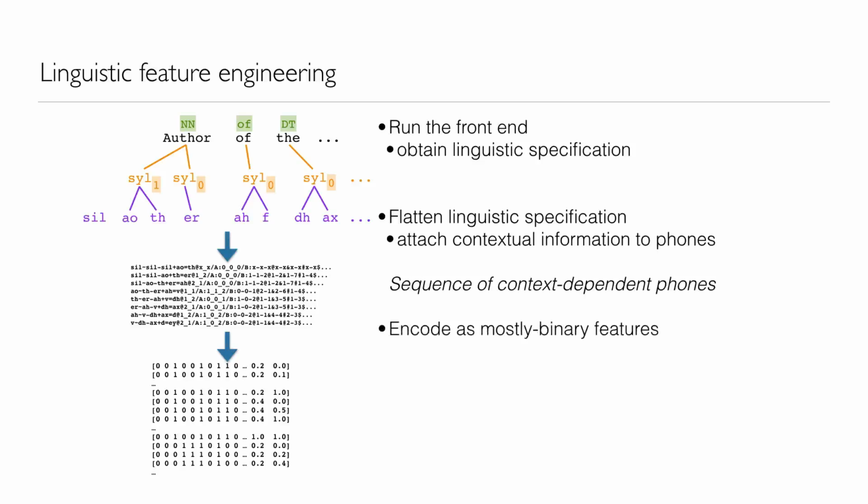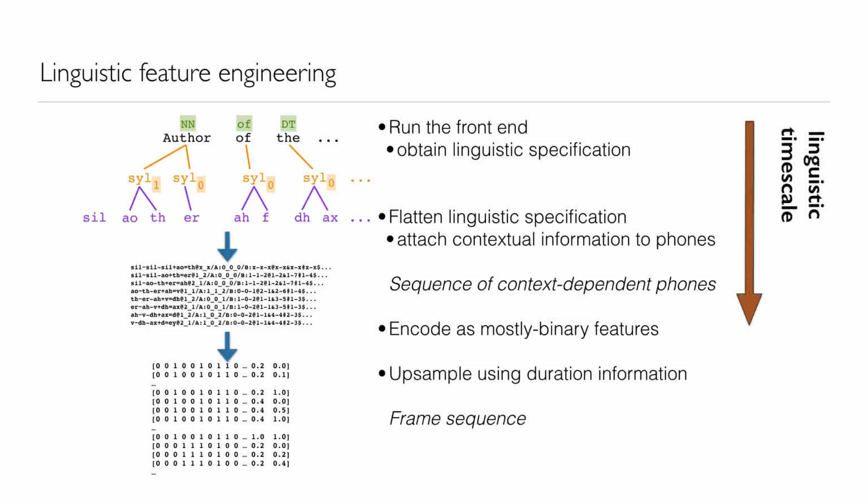So initially, the context-dependent phones will be at the linguistic time scale, and we need to upsample them using the duration information from an external duration model, and we get a frame sequence, as you can see on the left-hand side, the down block. This is at a fixed frame rate.